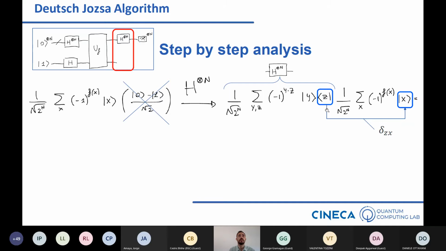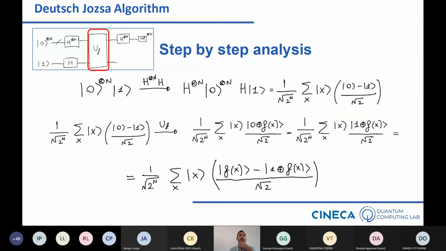Let me go again. The first H gates, this one and this one, have the aim of putting everything in superposition for the first n qubits.